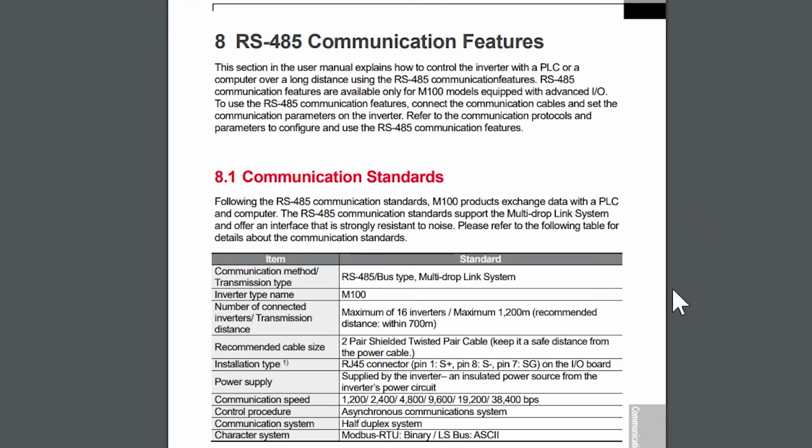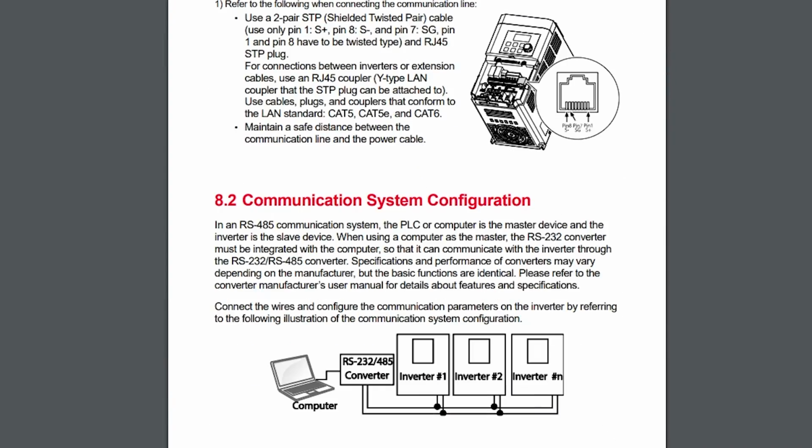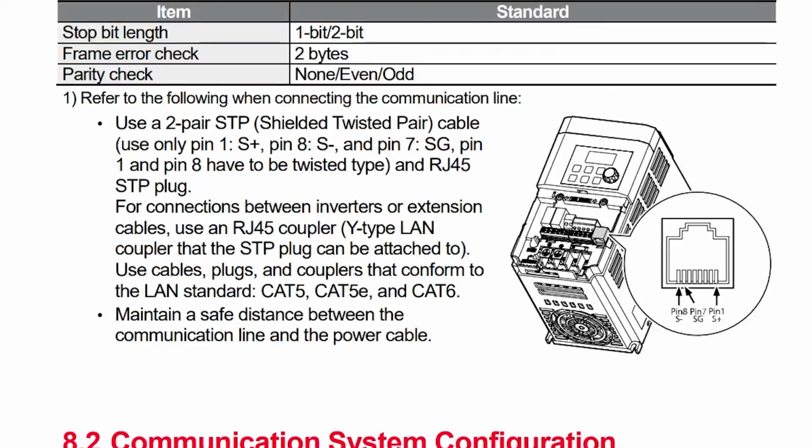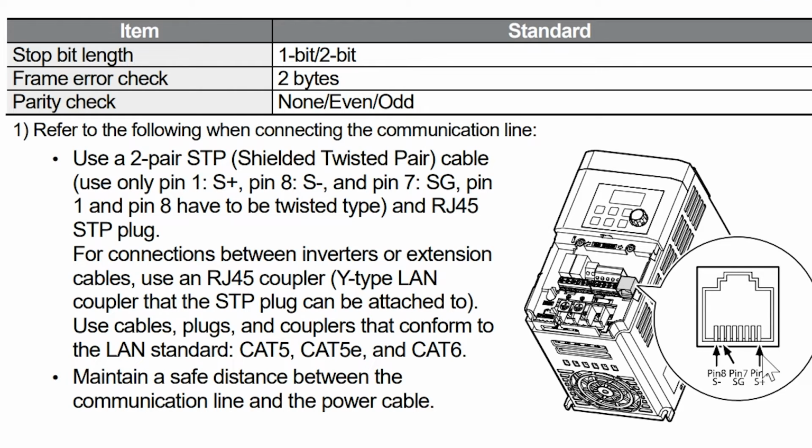So let's have a look at this in a bit more depth. This is on an RJ45, and this is specifying that pin 1 is signal positive, pin 8 signal negative, and pin 7 is signal ground. So on the next page, there's a bit of a zoom in. So here's our RJ45 connector. Here we can see we have pin 1, pin 7, pin 8, signal positive, signal negative, and signal ground.